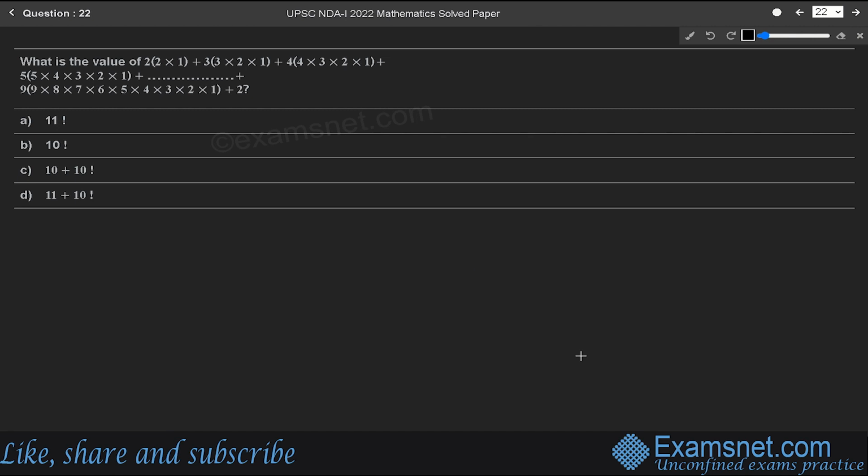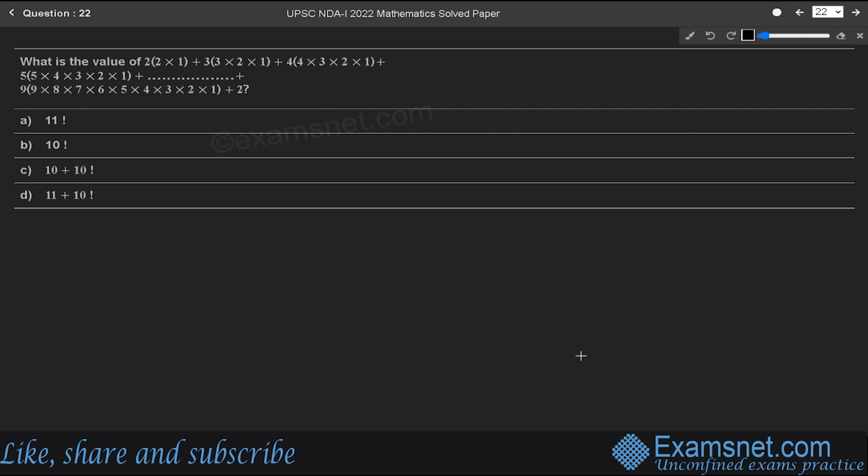Next question is, what is the value of 2 into 2 into 1 plus 3 into 3 into 2 into 1 plus 4 into 4 into 3 into 2 into 1 plus so on. Now you can see that this question is in the form 2 into 2 factorial plus 3 into 3 factorial plus 4 into 4 factorial plus so on.